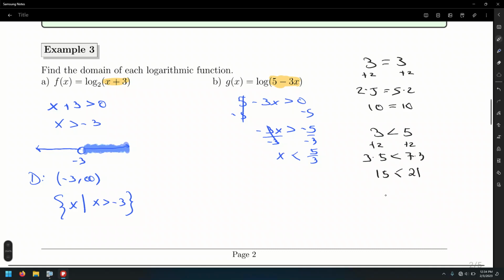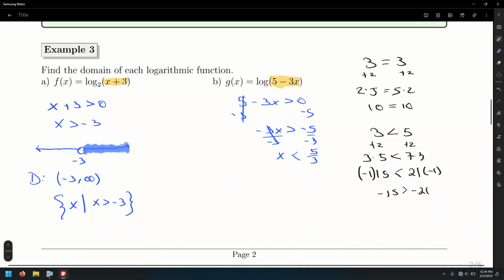Now, what if I multiply this statement by -1? What is -1 times 15? -15. What is 21 times -1? -21. Is that still a logical statement? No, that's why we reverse it. Number-wise they look the same, but be careful because these are negative numbers.